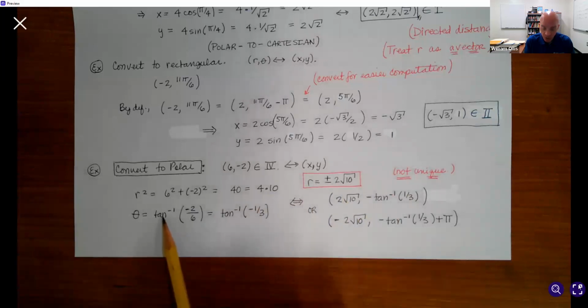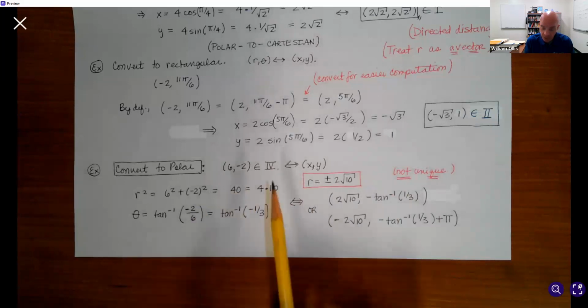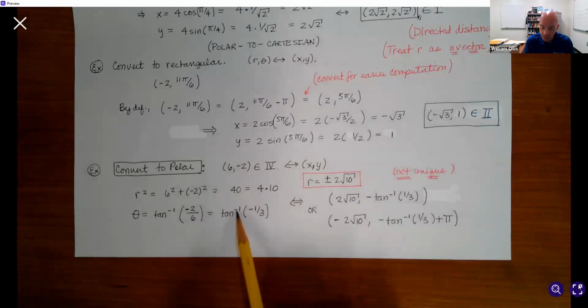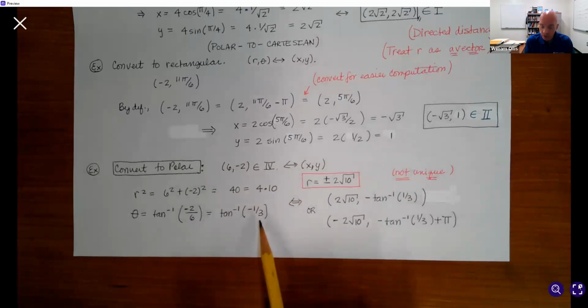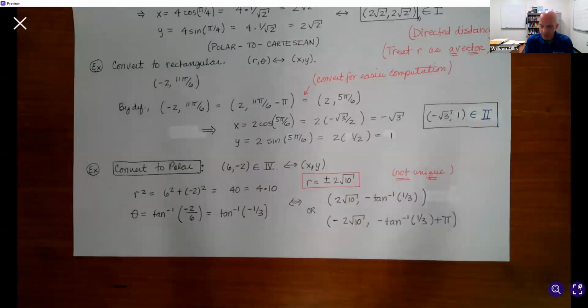And then, of course, we look for the inverse tangent of y over x. So we have -2 over 6. That gives us an inverse tangent of -1/3. Of course, now we know in this case that the inverse tangent is an odd function, if you like, but be that as it may.